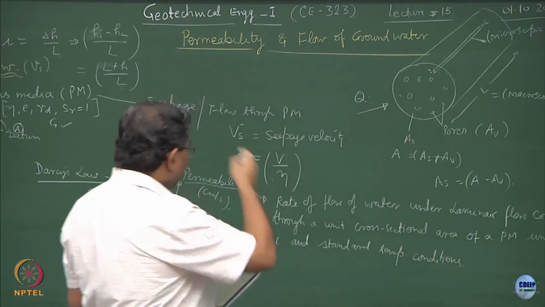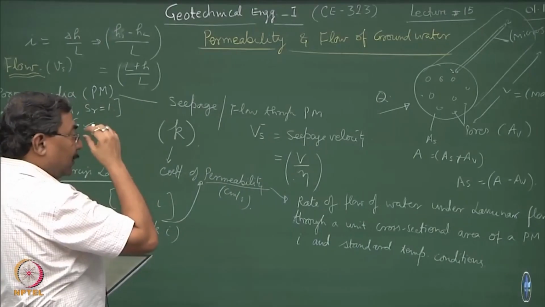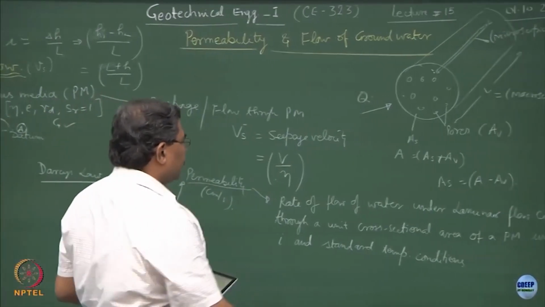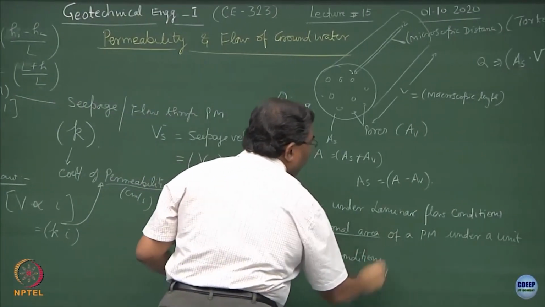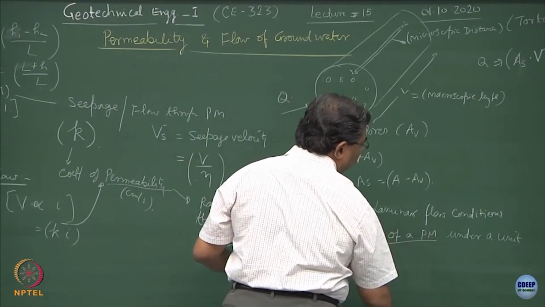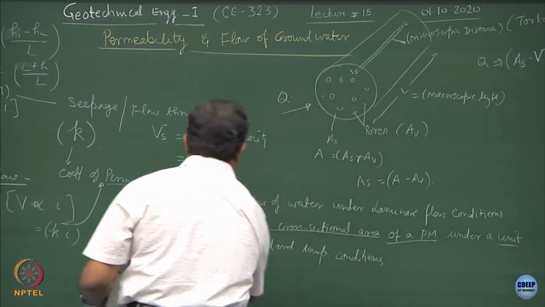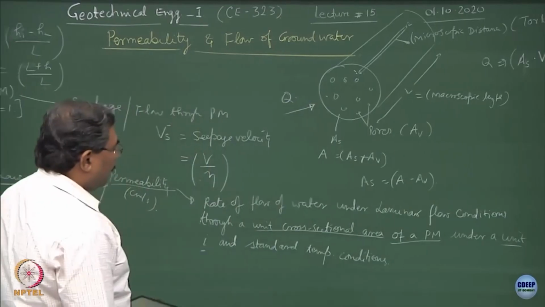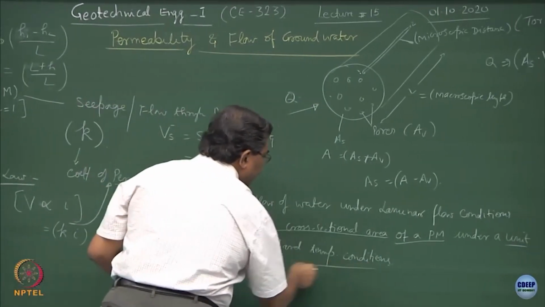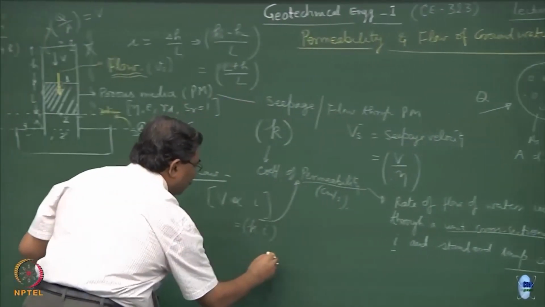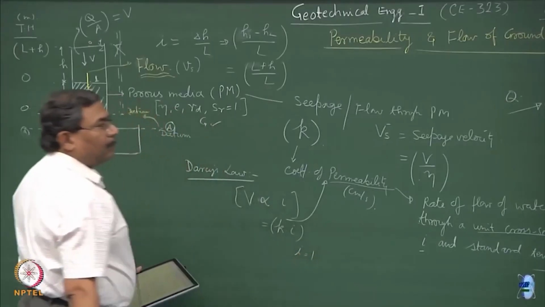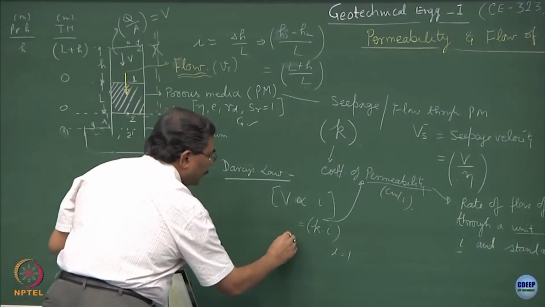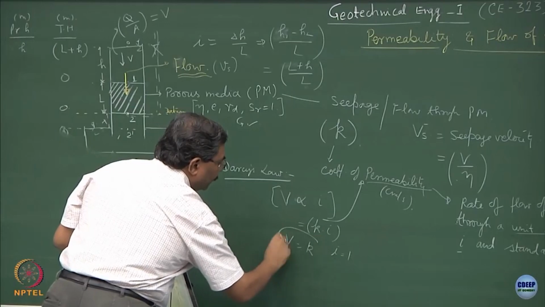So, basically permeability is the rate of flow of water under laminar flow conditions through a unit cross sectional area of a porous media under a unit hydraulic gradient and standard temperature conditions. That means, if I put I equal to 1, the discharge velocity is equal to K.